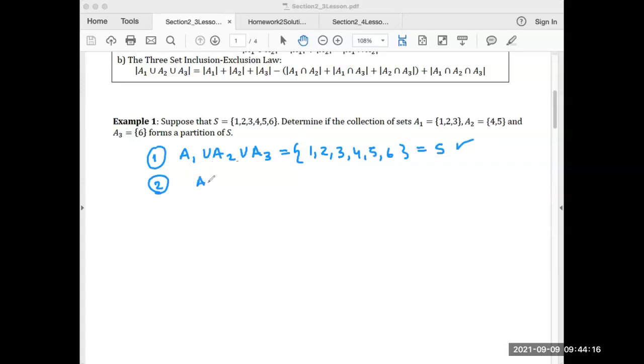All right, so A1 intersect A2 is the null set. A2 intersect A3 is the null set. And A1 intersect A3 is the null set. Okay, so the second condition is fulfilled. So you say this forms a partition of the original set, yes.